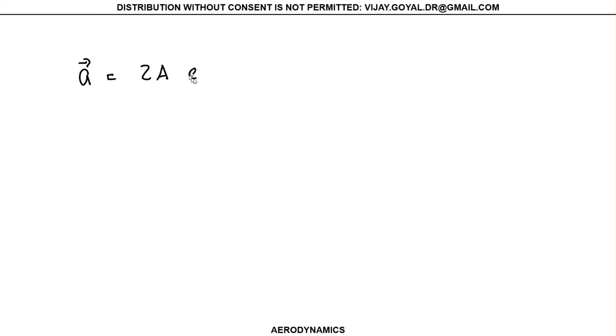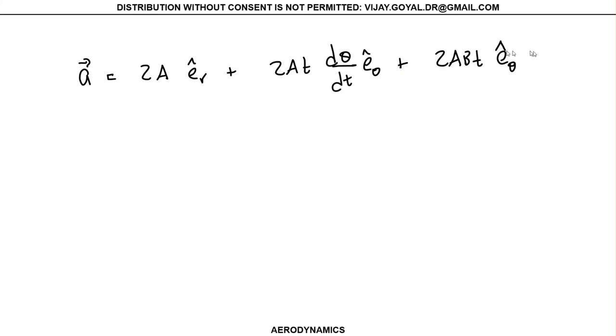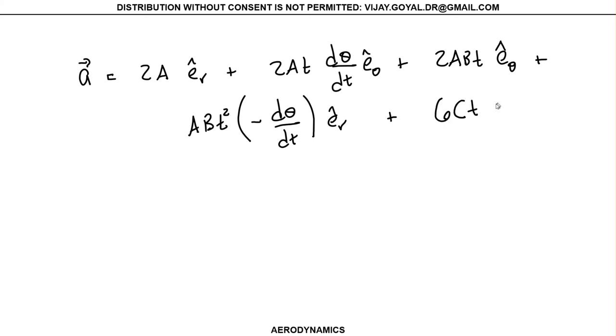I'm going to just write some of these expressions here. 2 times at, replacing all those variables in there, plus 2abt eθ, plus a b t squared times minus dθ/dt er, plus 6t eθ, right?